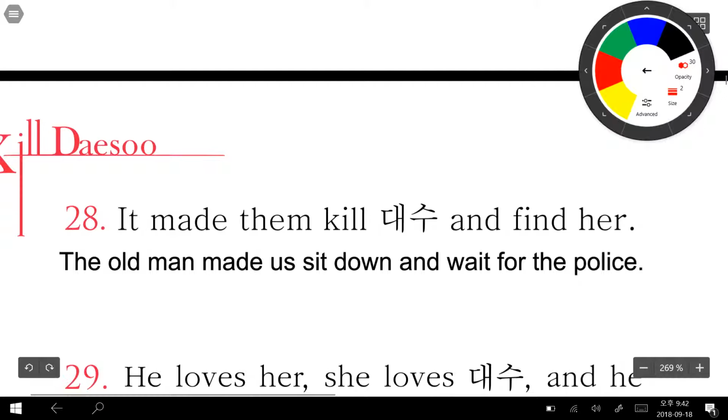Sentence 28, it made them kill Desu and find her, gives us an example of a compound complement. Let's mark its parts. It is the subject, made is the verb, and kill Desu and find her is the compound complement.